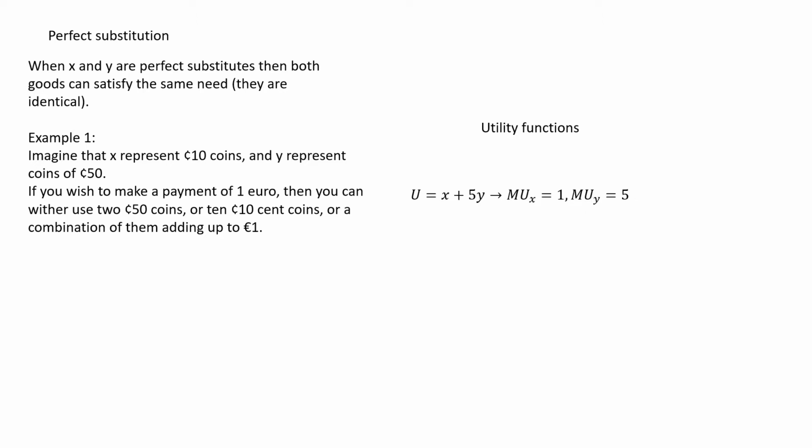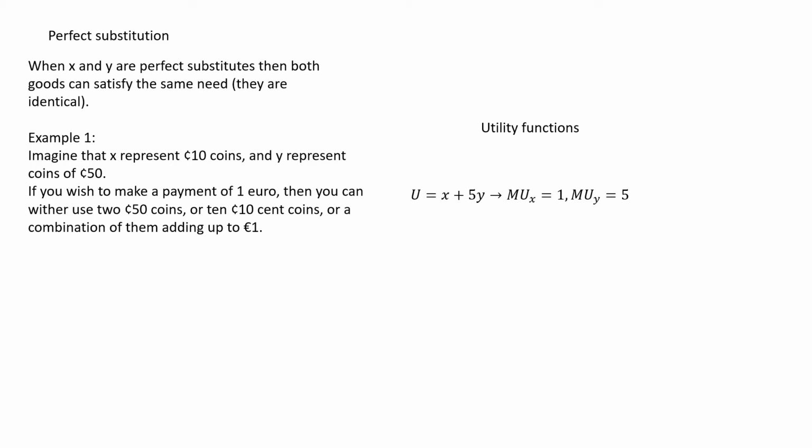The utility function, hence, is going to be just a linear function. Here you can see that having one 50-cent coin is going to give you 5 times the utility gain which you have from having a single 10-cent coin. So, we get U equals X plus 5Y.